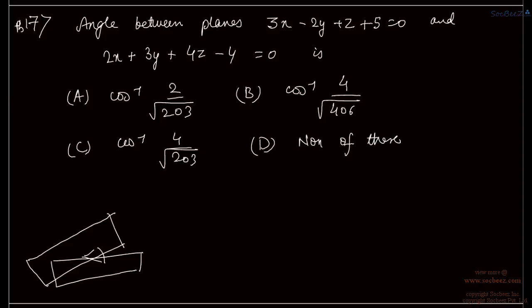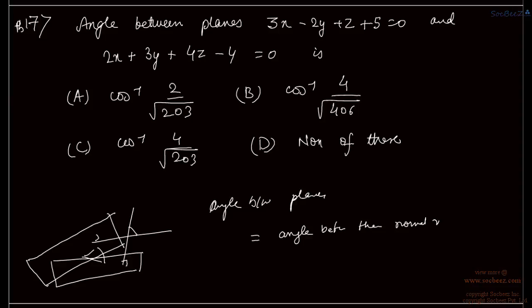So angle between two planes is same as angle between their normal vectors. Say this is normal to this plane, and this is normal to this plane. So if you check, this angle must be equal to this angle. So angle between planes is equal to angle between their normal vector.